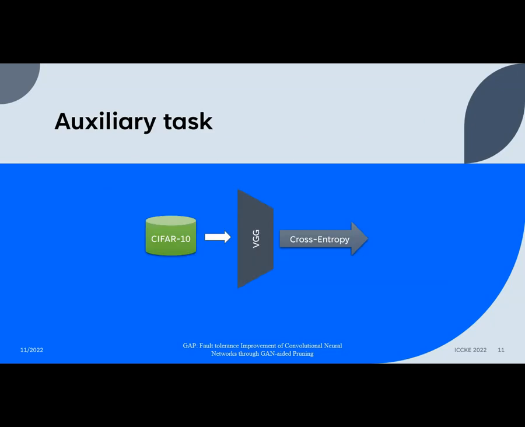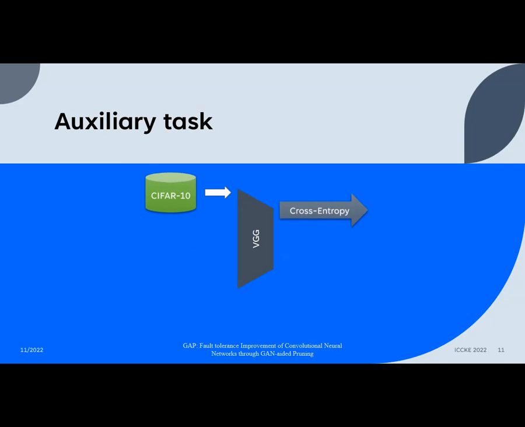For auxiliary tasks, there is usually another output head for the neural network with the same data. But in our experiments we synthesize data as new input, and since our loss function is the same categorical cross entropy, we could use the same output head for the auxiliary and the main task.